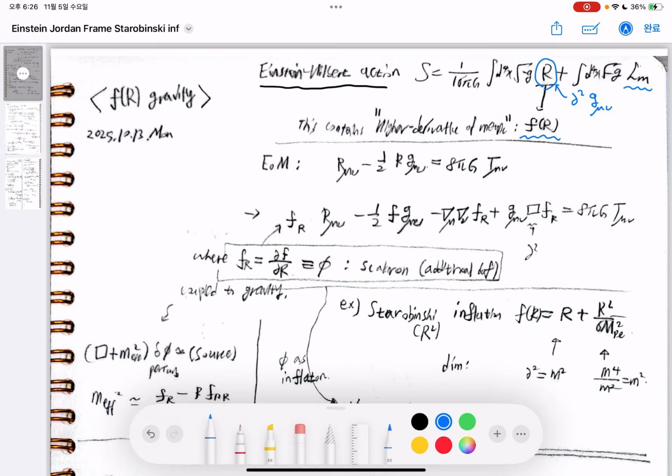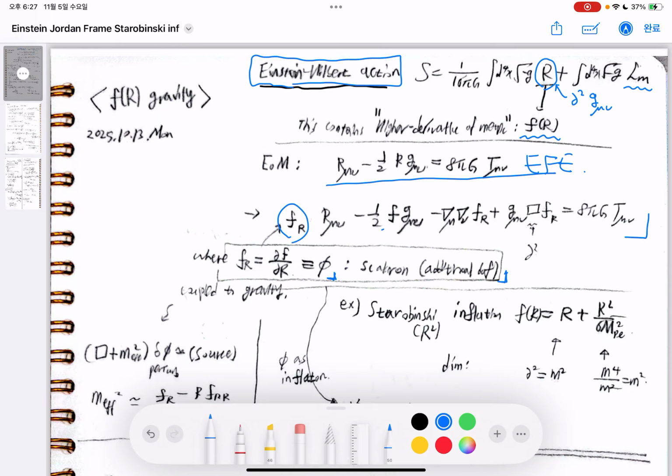From the normal Einstein-Hilbert action, the equation of motion is given by the Einstein field equation. But for f(R) gravity, the equation of motion is modified to the following form, where f_R is the partial f over partial R, with the scalar field φ as an additional degree of freedom.